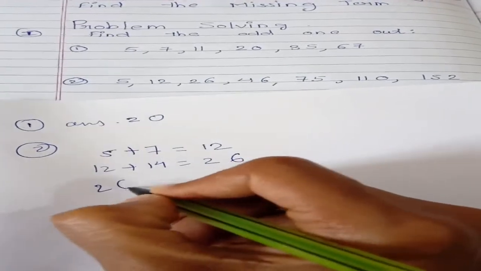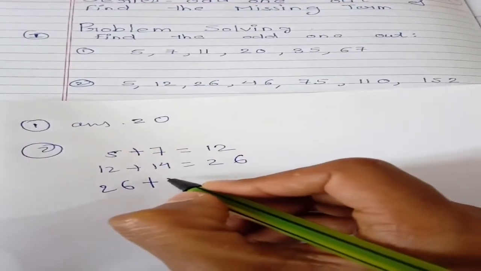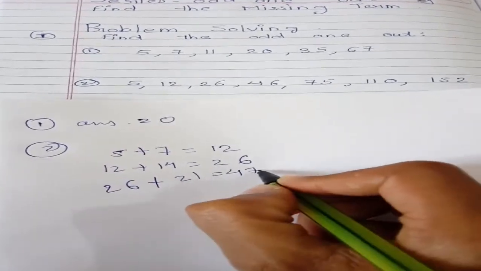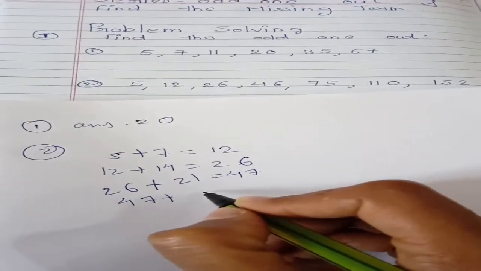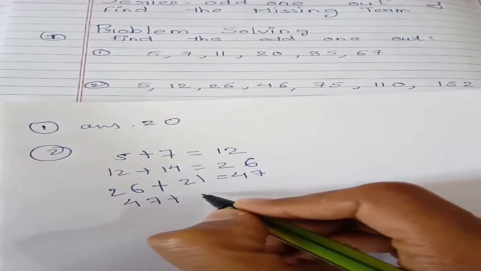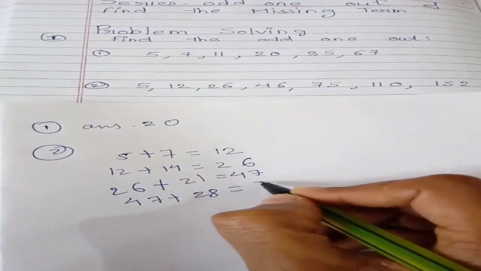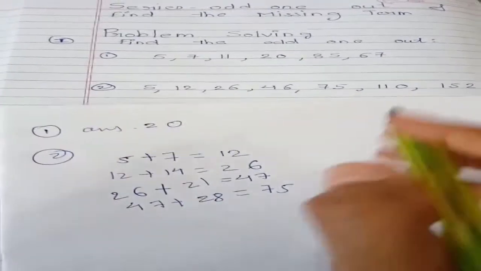Next 26 plus 21 is equal to 47. 47 plus 28 is equal to 75. So that is this number.